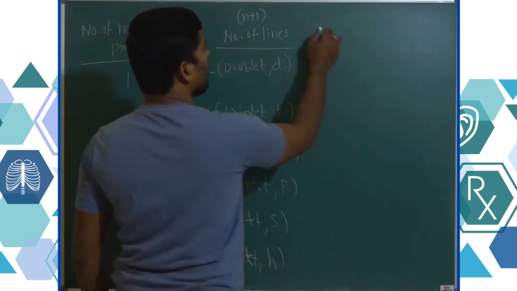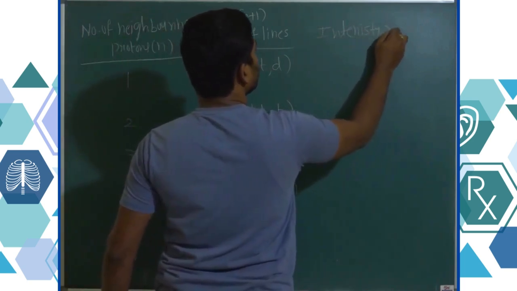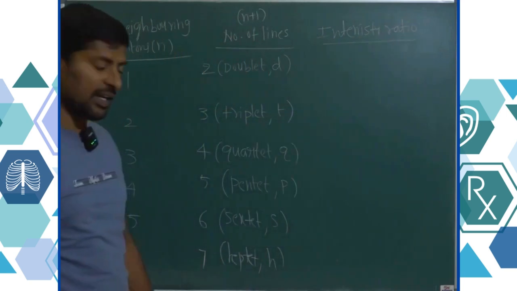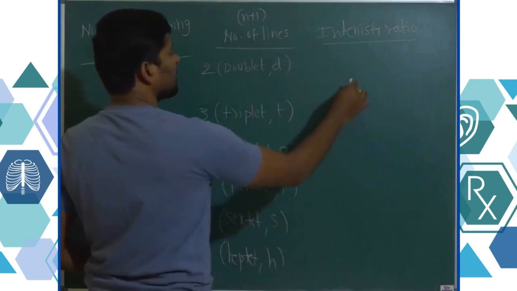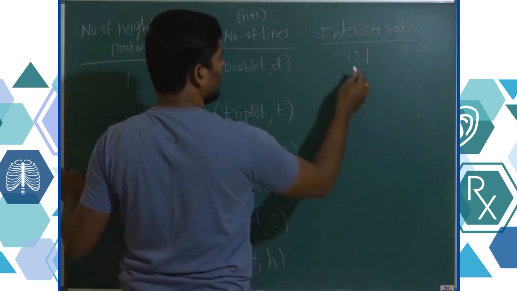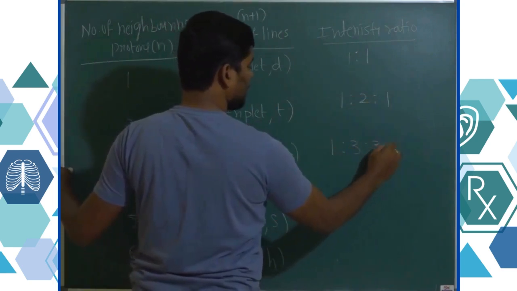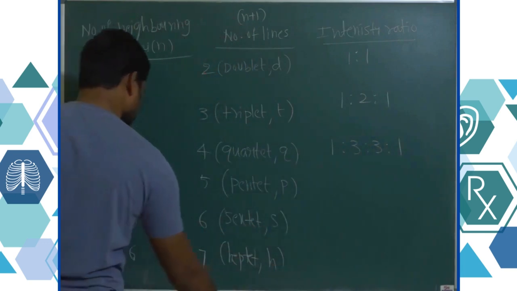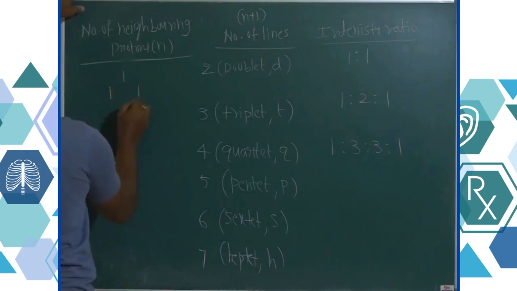Next, what about the intensity ratio of the lines? We can give that based on Pascal's triangle. The intensity ratio here is 1:1, next 1:2:1, 1:3:3:1. Pascal's triangle goes like this: 1, 1, 1, and then we add.